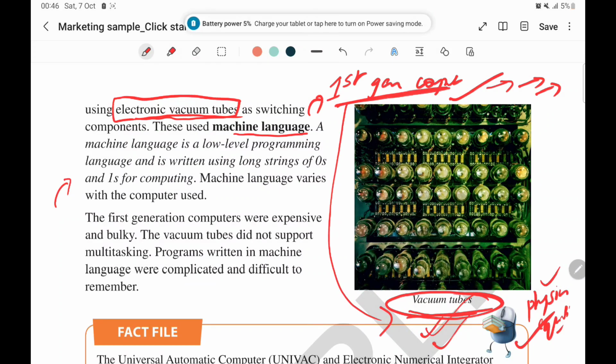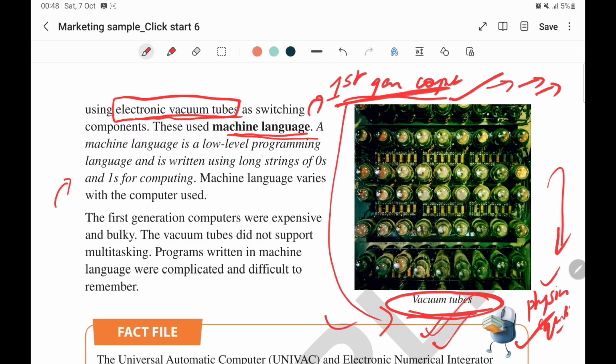So machine language was used in the first generation computers to solve the physics equations, and vacuum tubes are nothing but an electronic switching component, used to switch the signals. Okay, friends, so what is machine language?